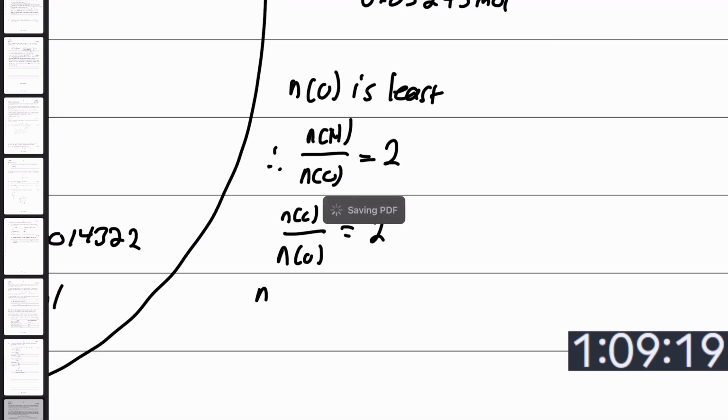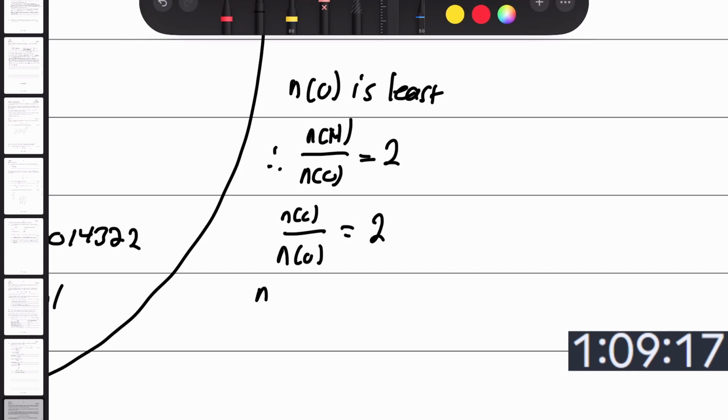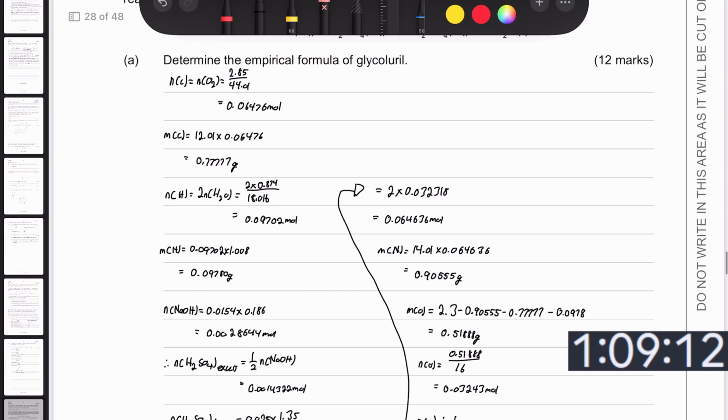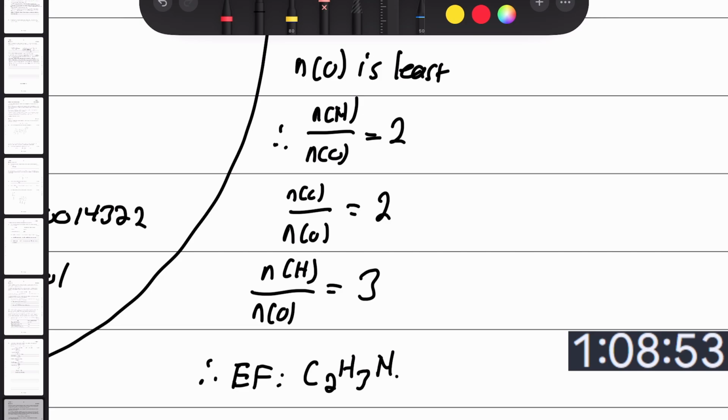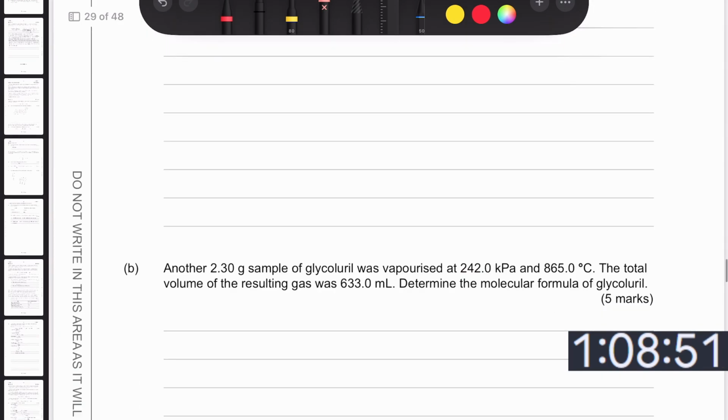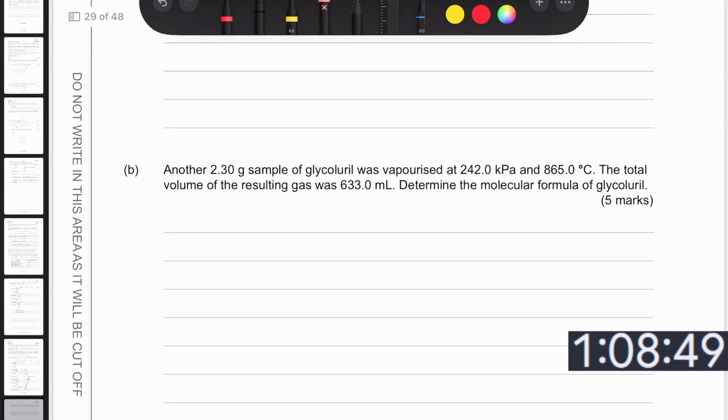And the number of hydrogens over the number of oxygens: 0.09702 over 0.03243 should be 3. Therefore, the empirical formula is going to be C2H3N2O. Very interesting.